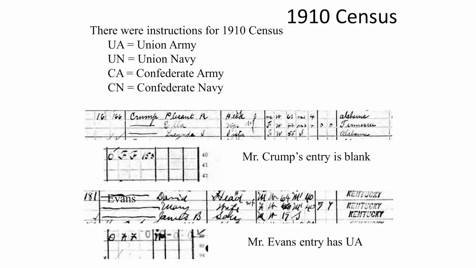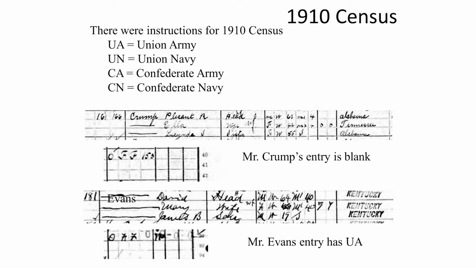So in 1920, there was not a question. In the 1910 census, the same question existed if you were in one of these 4 units: the Union Army, the Union Navy, Confederate Army, or Confederate Navy. And I've clipped these schedules for us to move fast, but there's Pleasant Crump, and his entry is blank. Even though he was a Confederate soldier, he did not indicate that on the 1910 census.